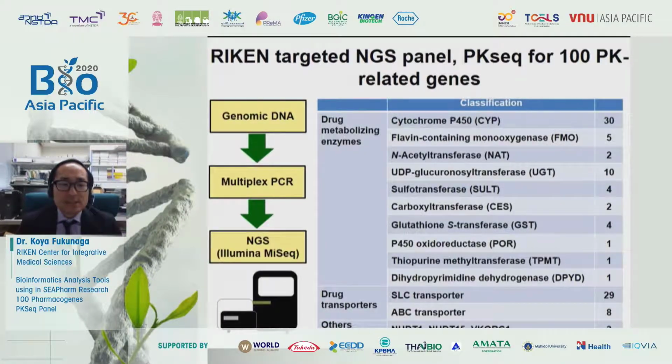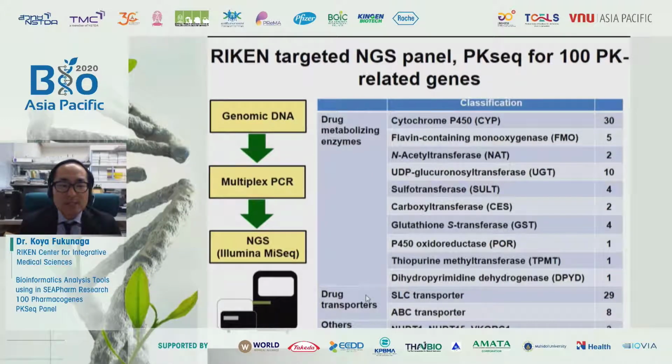I will show the simple workflow of a targeted sequencing panel for 100 pharmacokinetic related genes. I categorized the PK related genes depending on the function, drug metabolizing, drug transporter, and others.